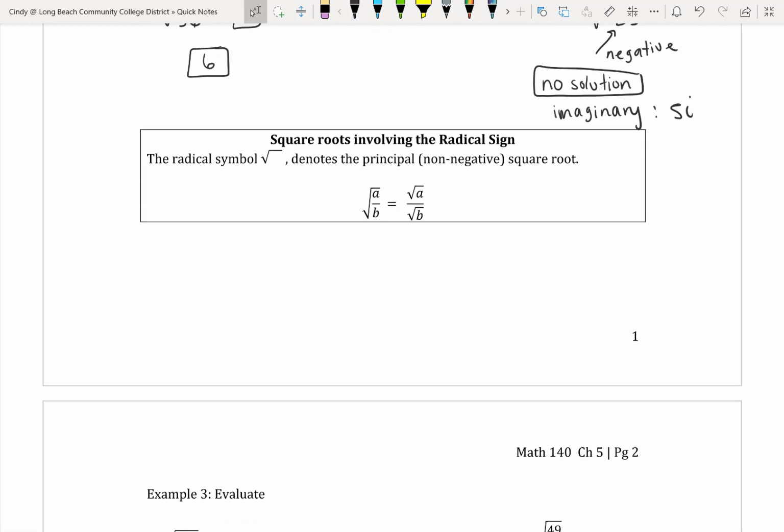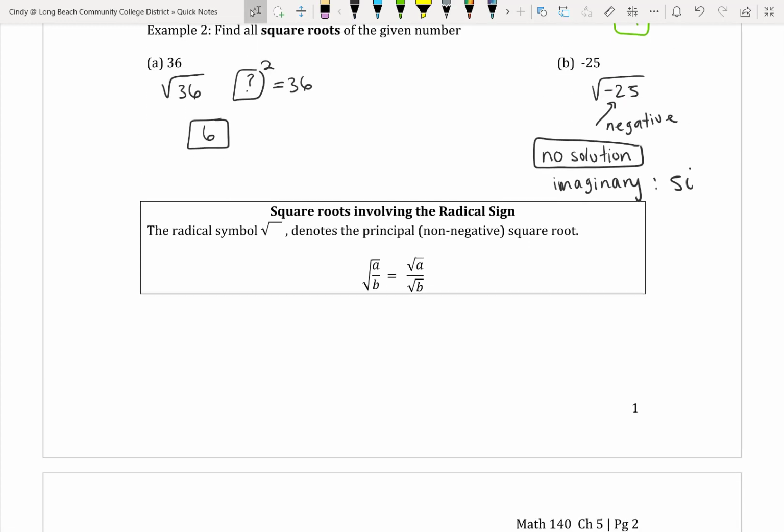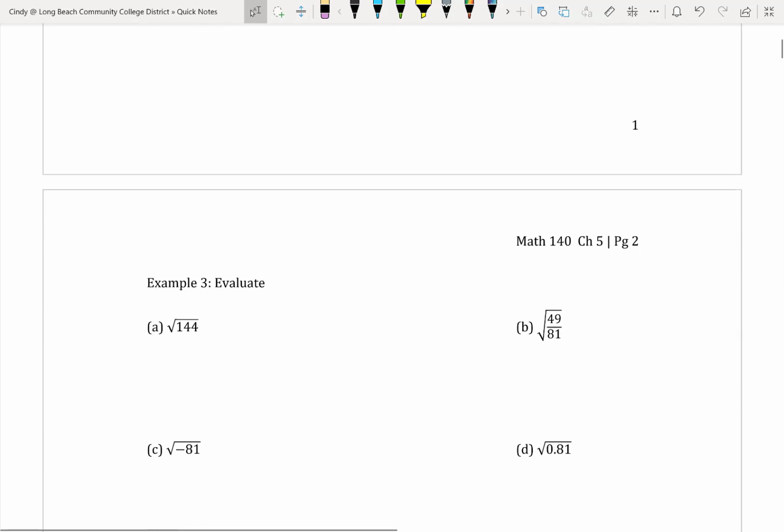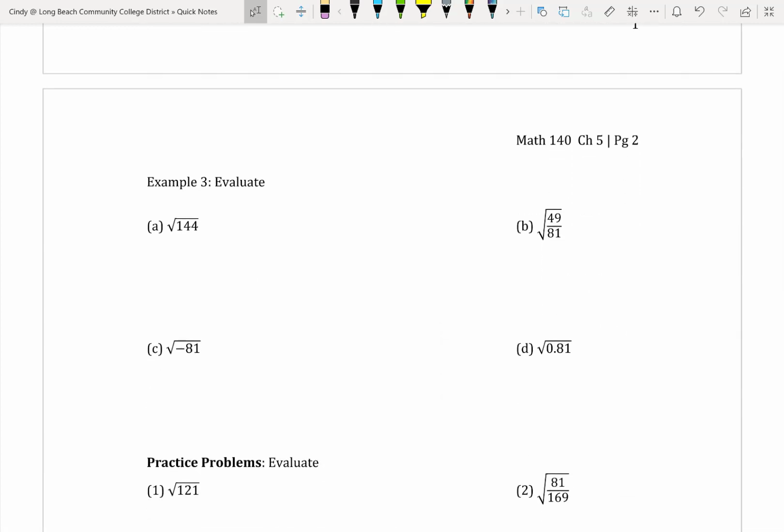The other thing that we're going to learn in this chapter is the radical sign. So we know that the radical, or the square root, really represents the principal square root. And we know that a fraction inside can be split top and bottom. So what do we have here? We have the square root of 144.